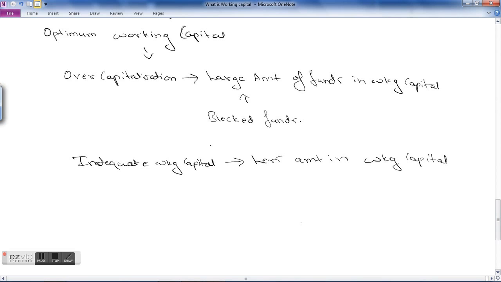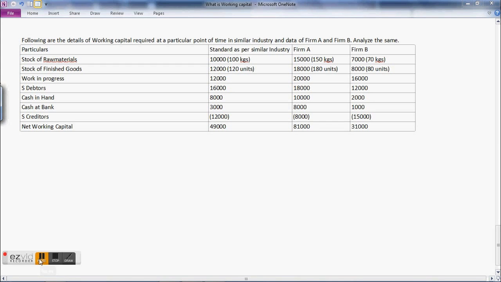Now let's see one example to understand and analyze overcapitalization and inadequate working capital. Following are the details of working capital required at a particular point of time in a similar industry, and data of firm A and firm B. Analyze the same.